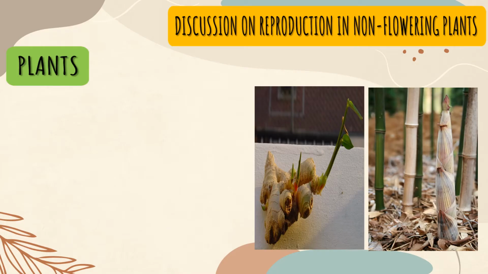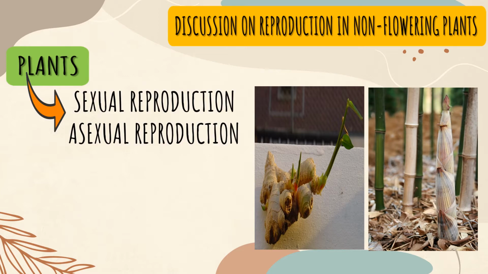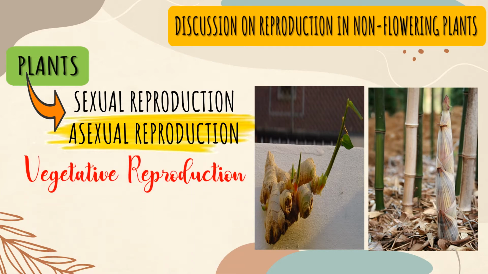Plants do not only reproduce sexually, they also reproduce asexually. This asexual reproduction is called vegetative reproduction, which is very common or vivid in roots, stems, and leaves.